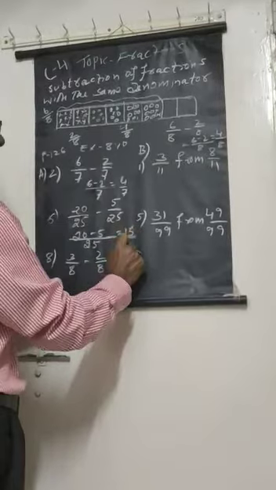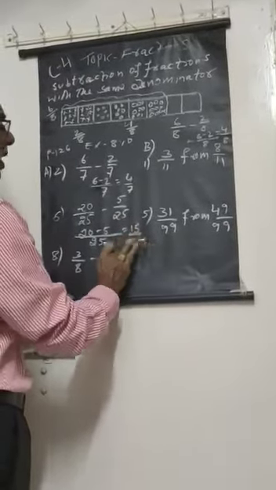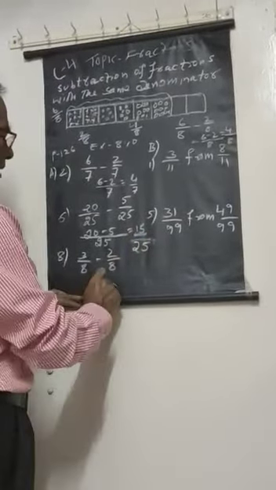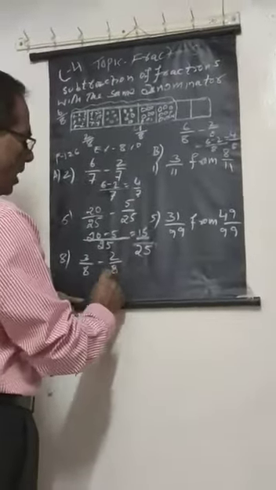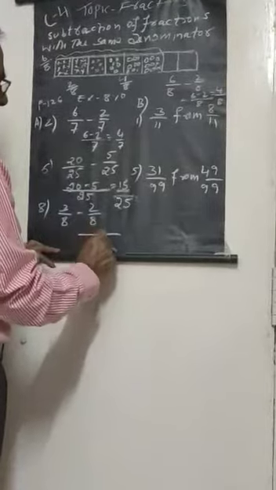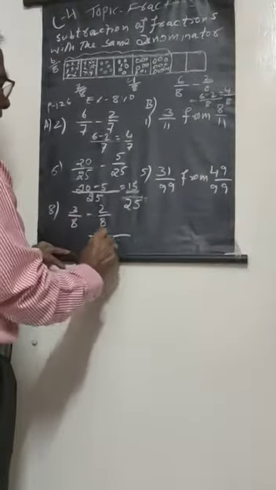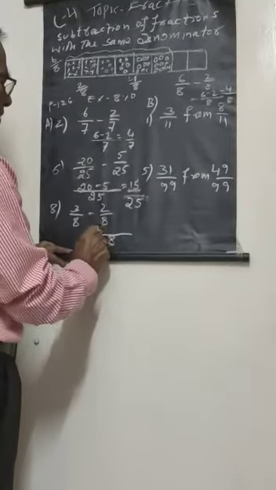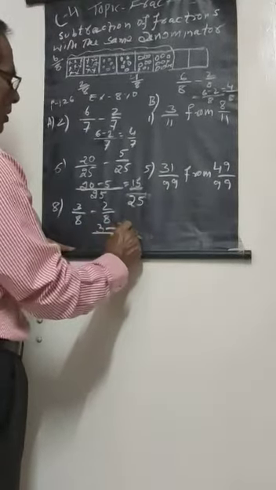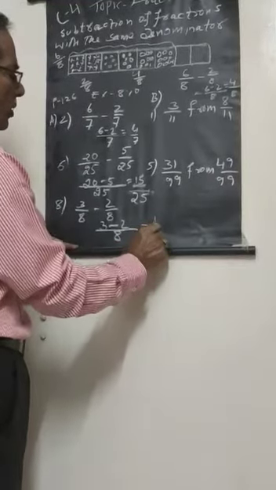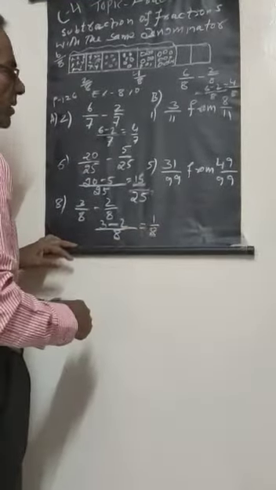Yes, 15 by 25. Here also in the same manner, out of these 8 parts, 8 is the LCM. Then from 3 parts, 2 parts gone. Then how many parts are left over? 1 part only is left over, 1 by 8.